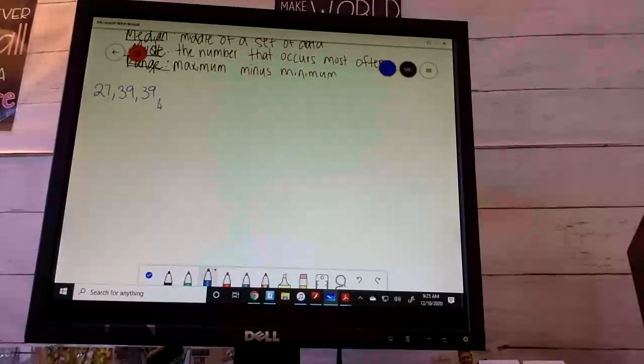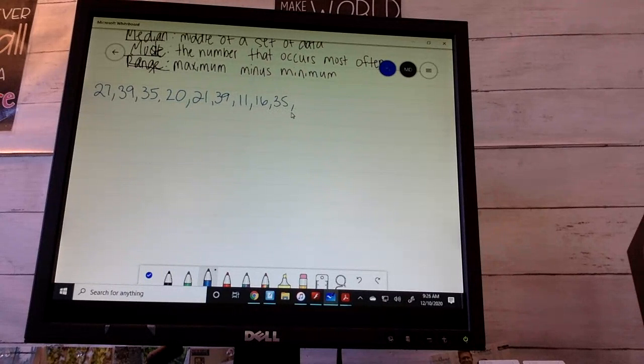Lydia. 20. Bella. 21. Quinn. 39. Allie. McKinley. Heston. 35 it is. Lily.